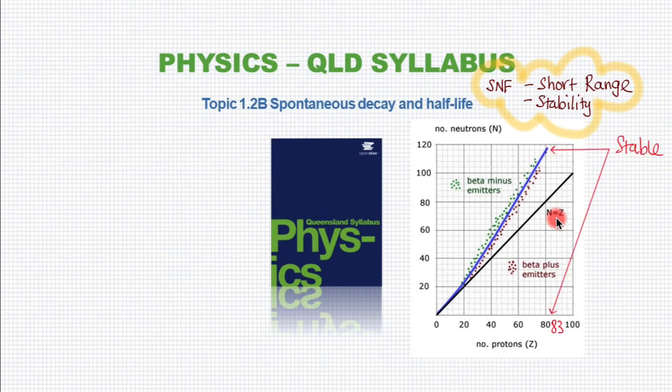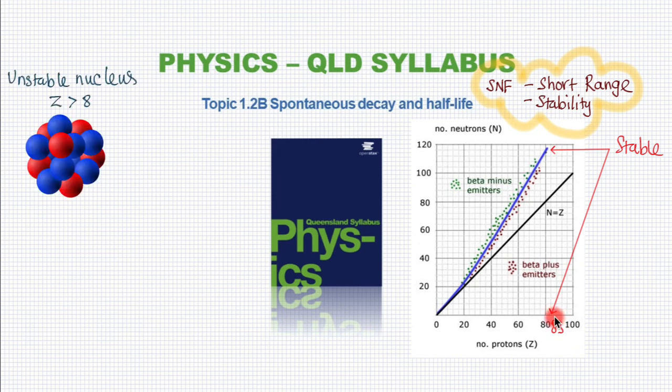As the nucleus increases, however, we lose this stability. So we can say that if we come all the way to here, these nuclei are still fairly stable, up to about a proton number of 83. But beyond there, we really start to see the limit of the strong nuclear force.